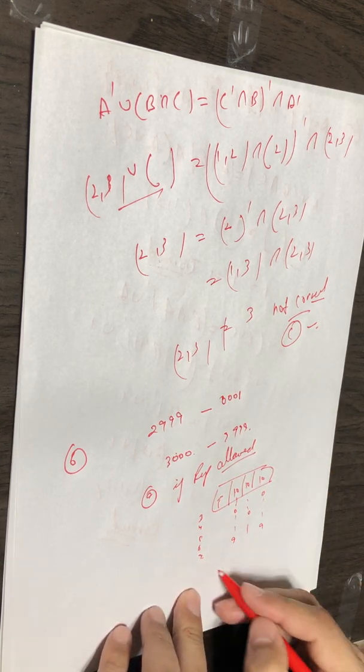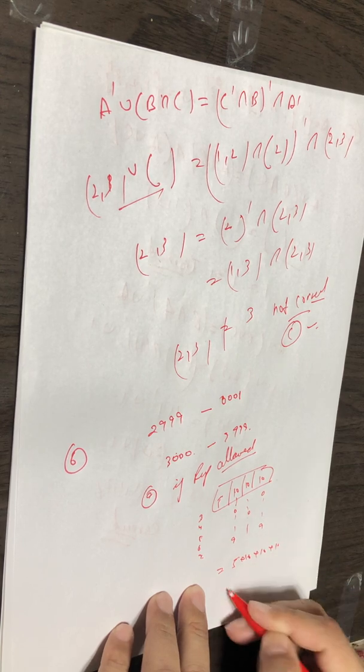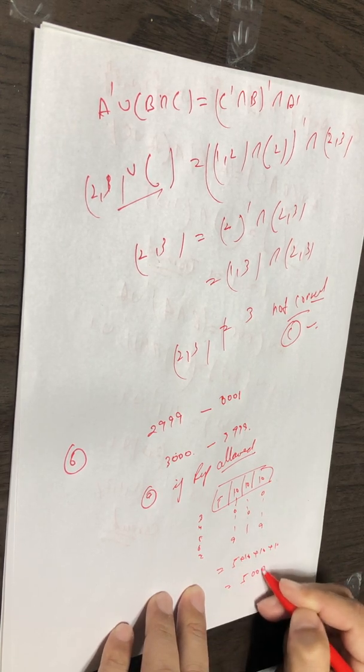So total numbers which can be generated are 5 × 10 × 10 × 10.